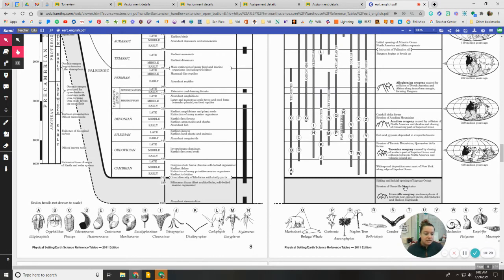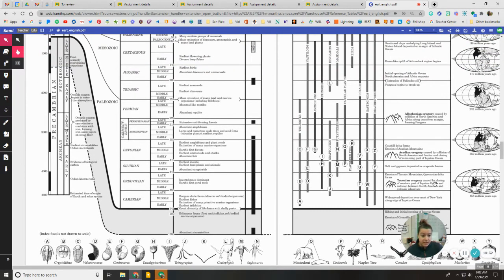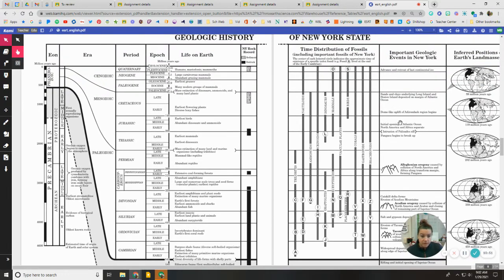So on and so forth, like the Taconian orogeny, mountain building of the Taconian Mountains, happened during the early and middle Ordovician. Remember, mountain building does not happen overnight. It happens over some time. Salt and gypsum deposits happened during the Silurian, so on and so forth, all the way up.